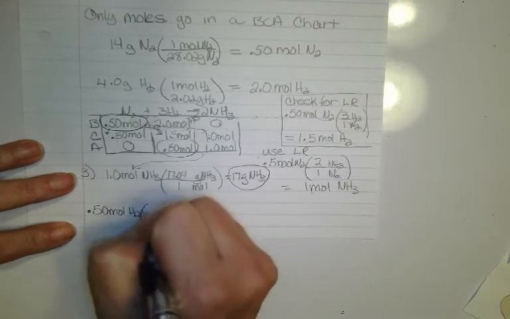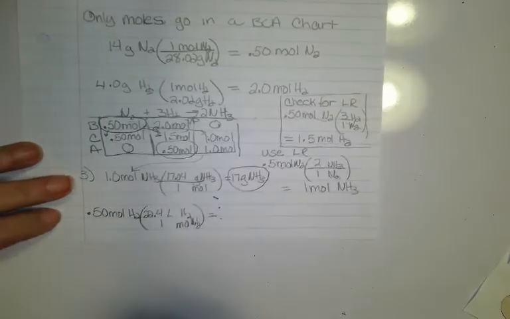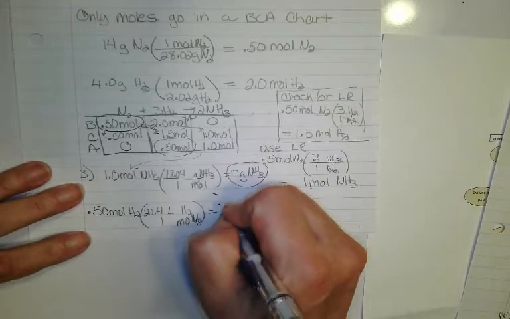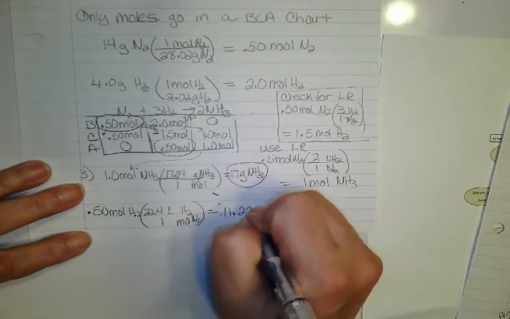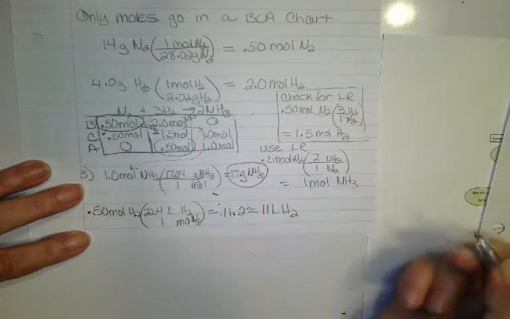For every 1 mole, that's 22.4 liters. And that is going to be 11.2, which in 2 sig figs is 11 liters of hydrogen gas.